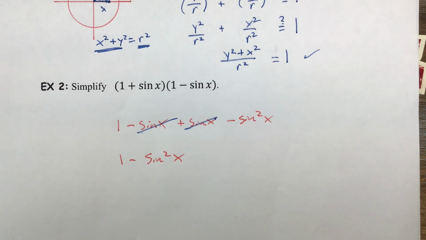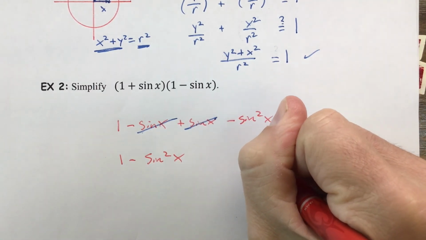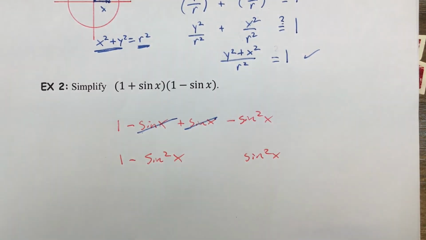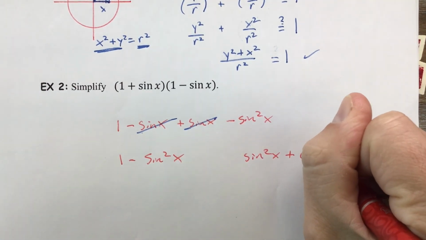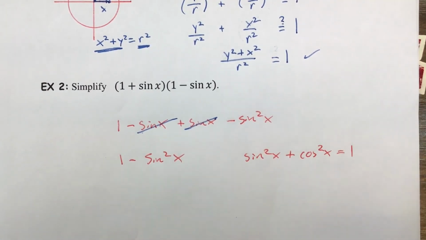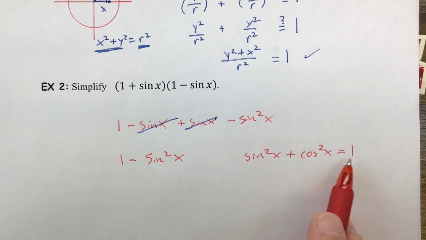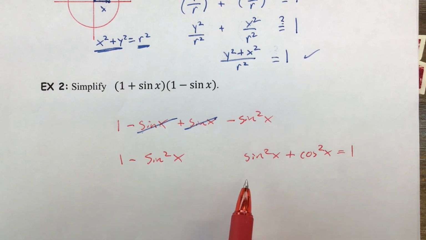All right, and that may seem like we've simplified it because we did the math and it's become that. But recall the Pythagorean identity we were just looking at. It said sine squared theta, but we're going to do sine squared x here. Sine squared x plus cosine squared x is equal to 1. And you're going to notice that this piece and that piece, they are both here. Okay, but how does it relate?